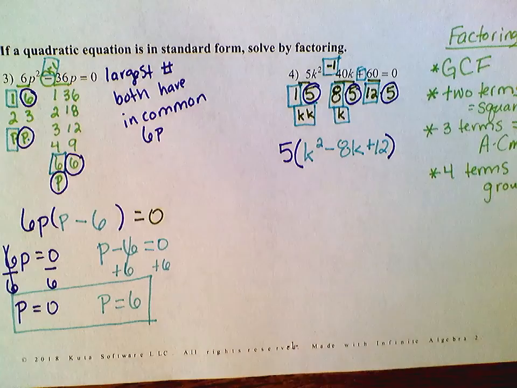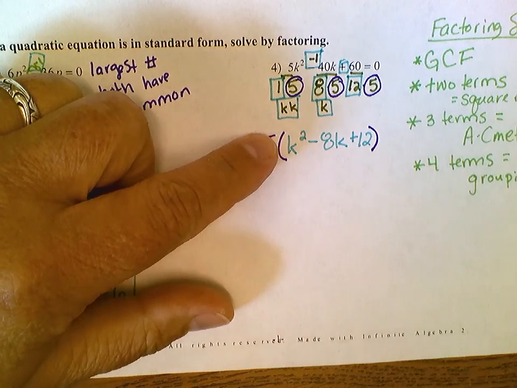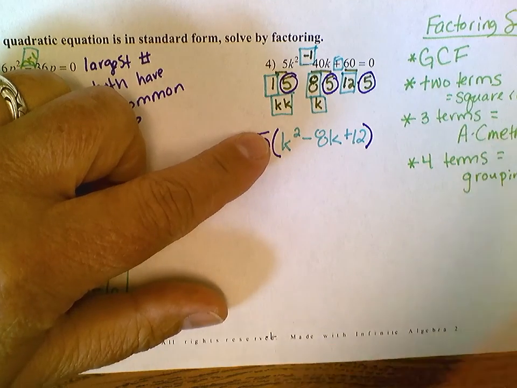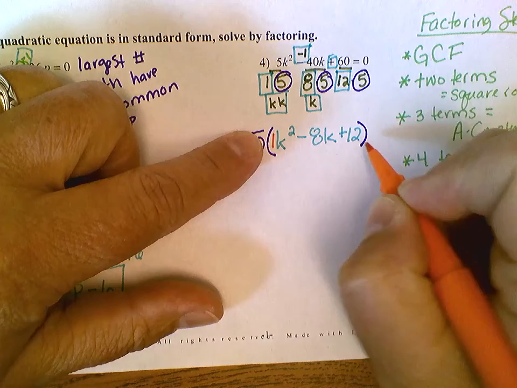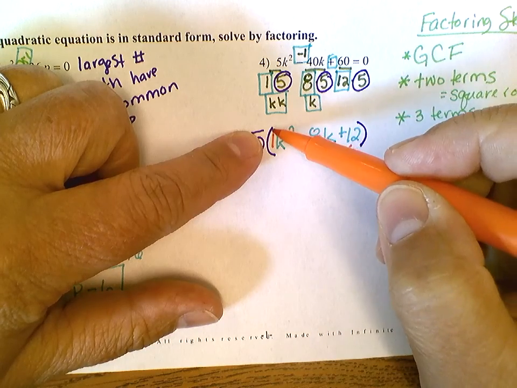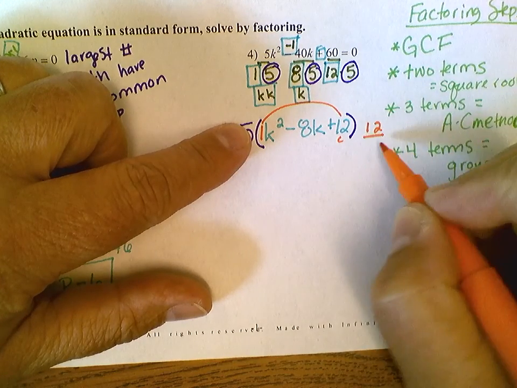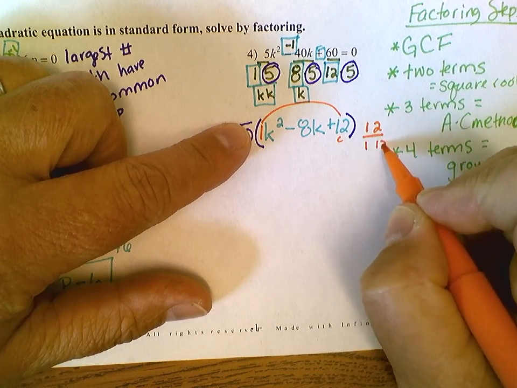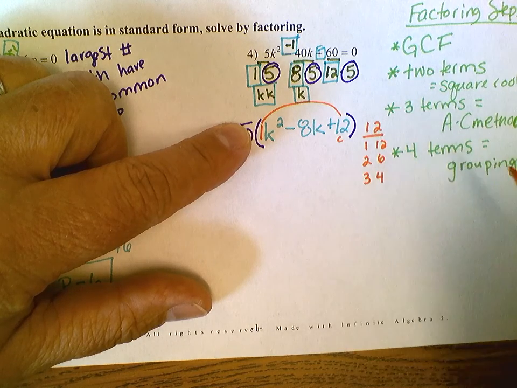All right, so now that I have factored out my GCF, I know that I have 3 terms. So this is where I use my AC method. So I have a 1 for A and a 12 for C. So I multiply those. 1 times 12 is 12. What are my factors of 12? 1 and 12, 2 and 6, 3 and 4.